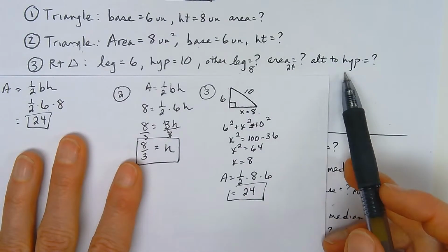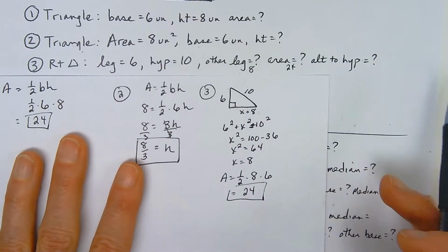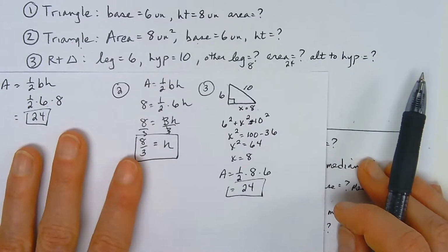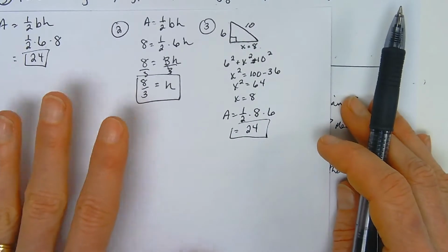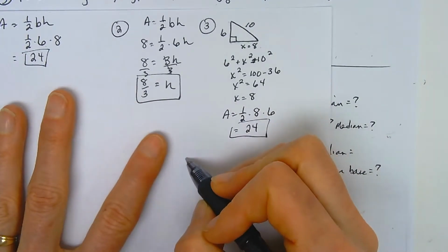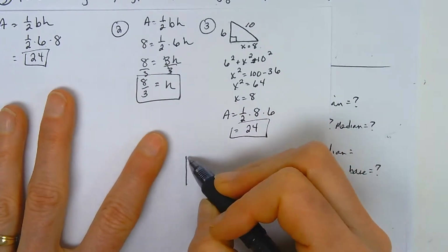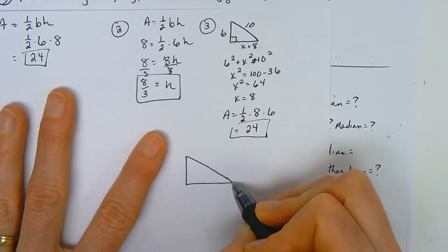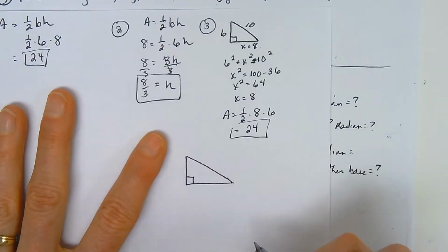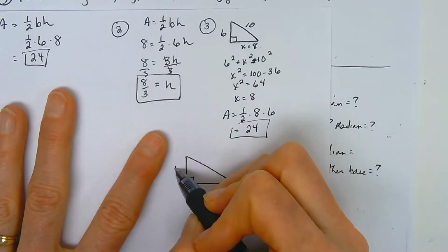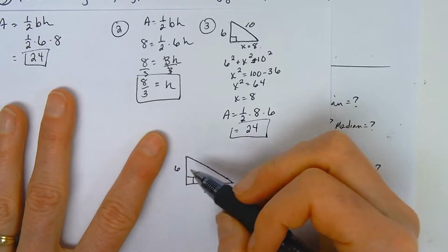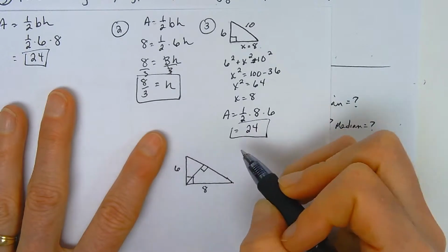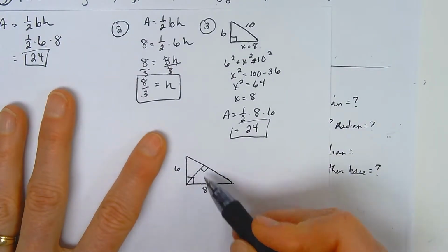The last question is asking for the altitude to the hypotenuse. What is the length of the altitude to the hypotenuse? So this goes back to a chapter when we dealt with geometric mean and similar triangles. Here is our right triangle, and we know this is 6 and this is 8, and the altitude to the hypotenuse is going to be the perpendicular segment.